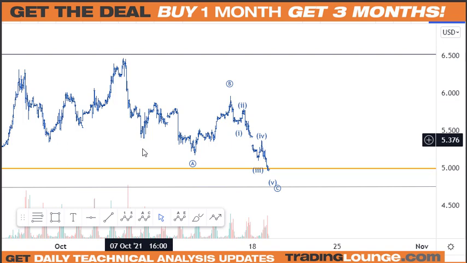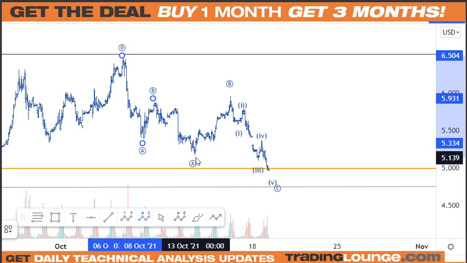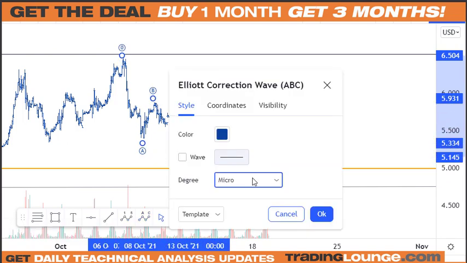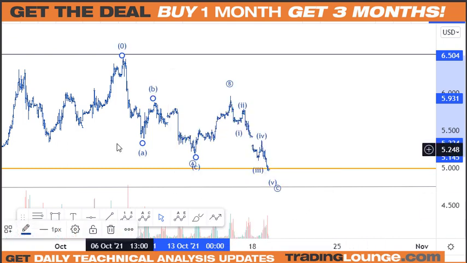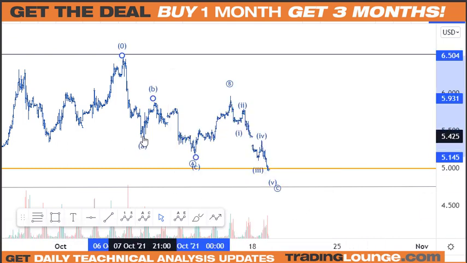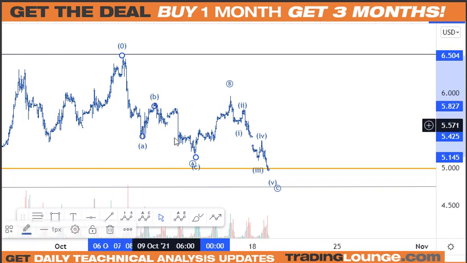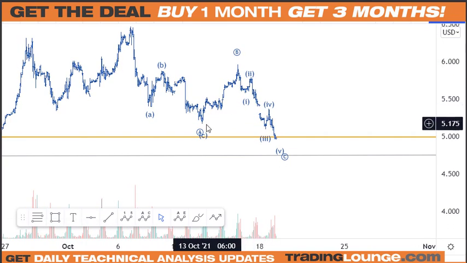So really, we've got this here as an ABC pattern. So that tells me straight away that we're in a wave 4.